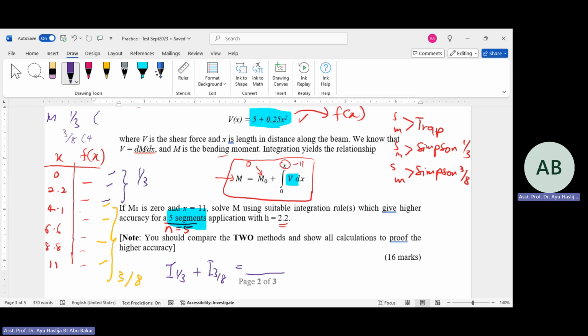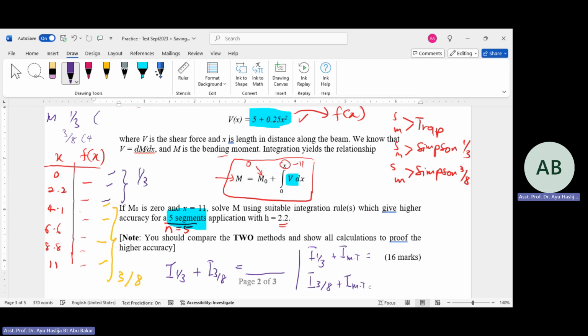There are many combinations that you can use here.